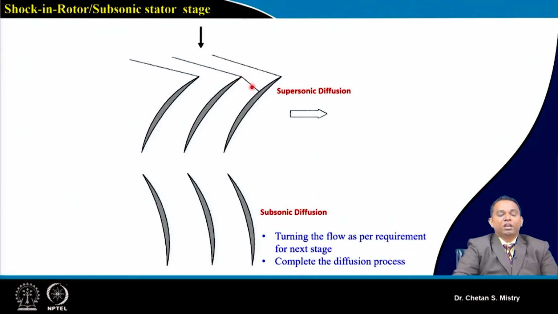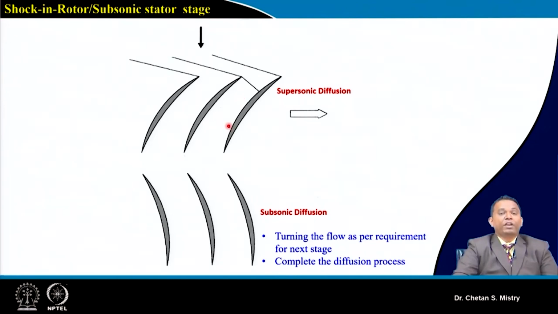And here we will have our passage shock, or terminal shock, or we can say normal shock, which acts to let diffusion happen. The diffusion we are getting is because of the formation of this normal shock. Downstream of our normal shock, the diffusion happens subsonically.